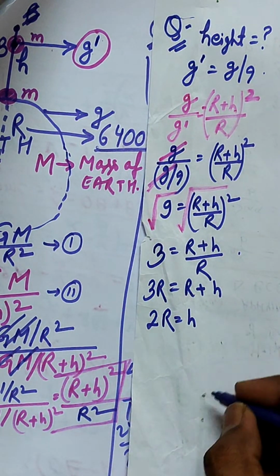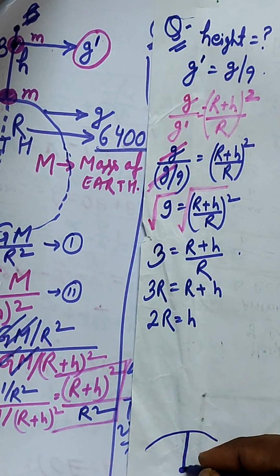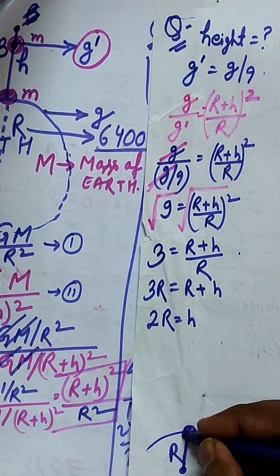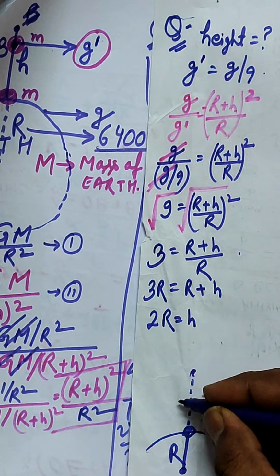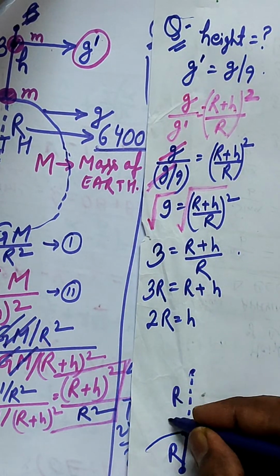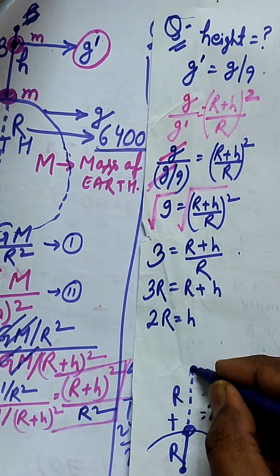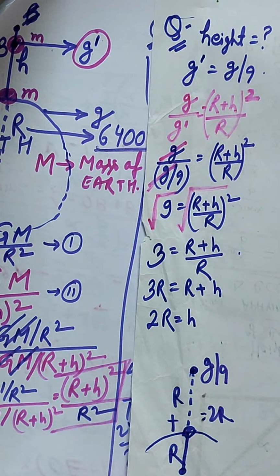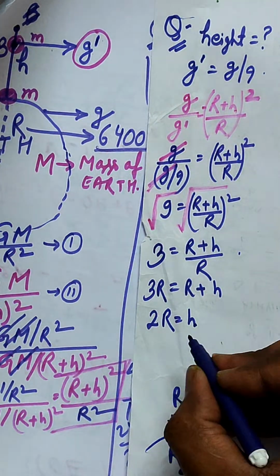That means if this is the earth, and R is the radius of earth, and mass m is there, then you need to lift it up again to a height of R. So this will be R plus R equal to 2R, where the new acceleration of gravity will be g by 9. So this height is confirmed as 2R.